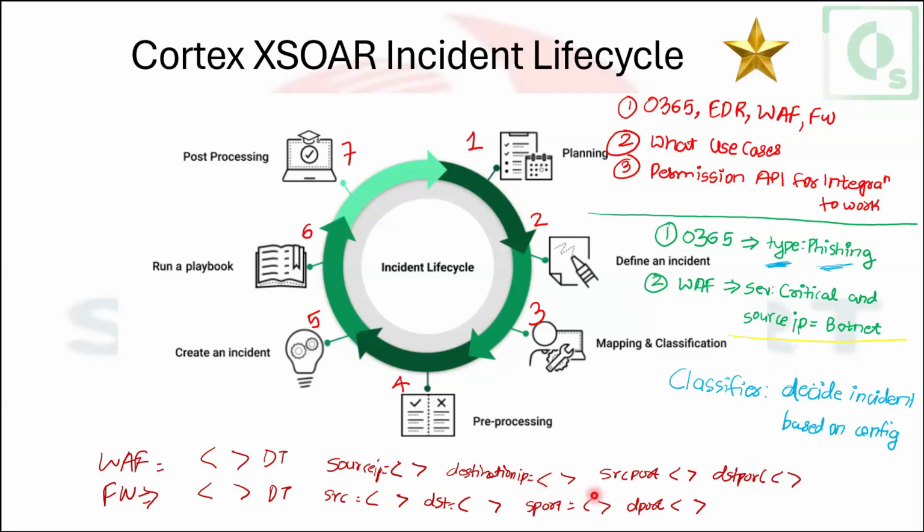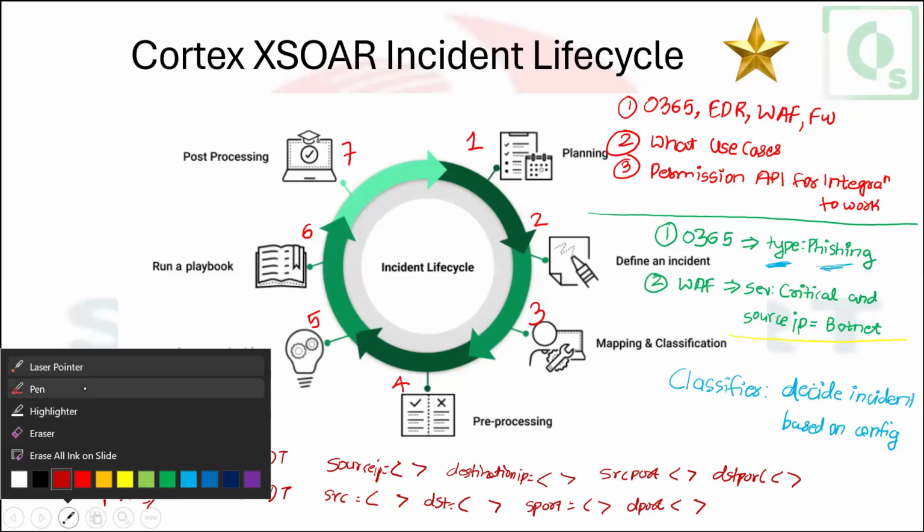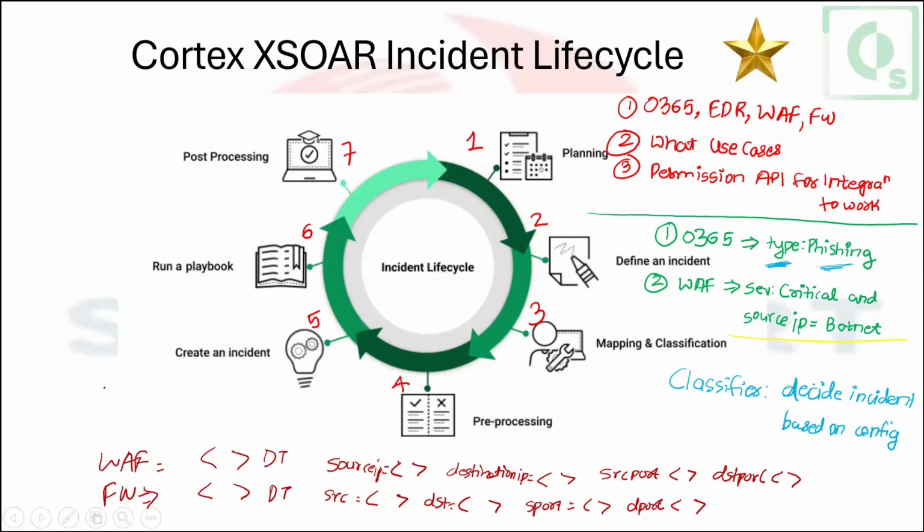If we start using these fields in our playbooks and in incident pre-processing, there will be a lot of unnecessary clutter and ambiguity, because each time you'll have to remember that for WAF you use this field, for firewall you use this field, for EDR you use this field. To make it uniform across all, there is something called a mapper.